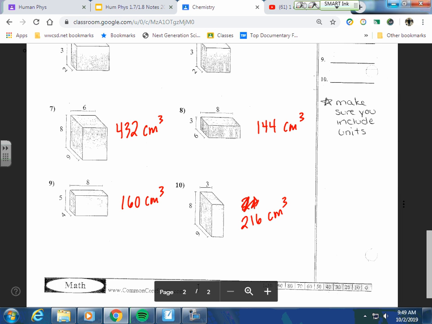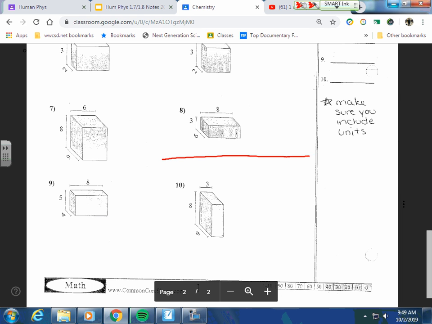So let me tell you, on our rulers, this is going to look really bad, my apologies, but I just want to show you. Let's say this is the edge of the ruler. Let's say this is the ruler, all right?